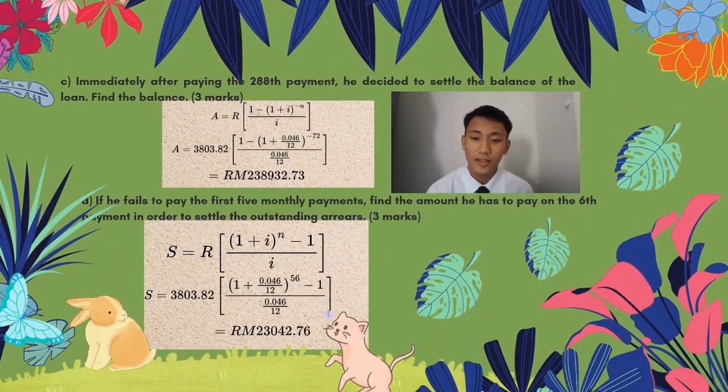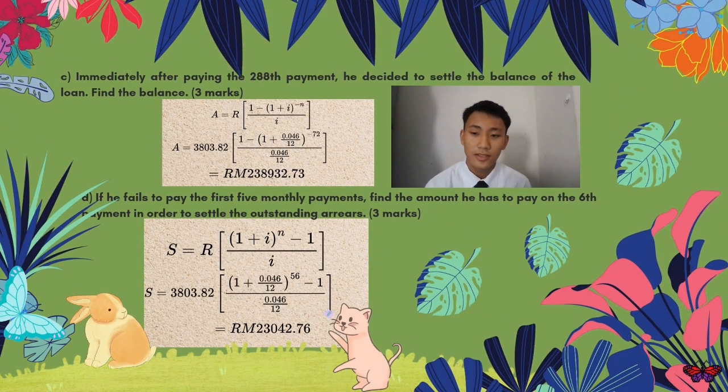C. Immediately after paying the 288th payment, he decided to settle the balance of the loan. Find the balance.